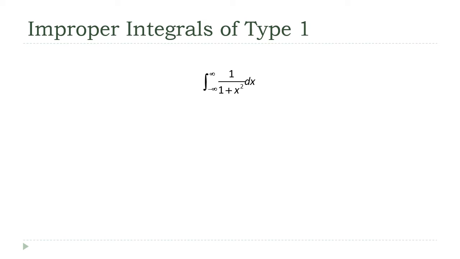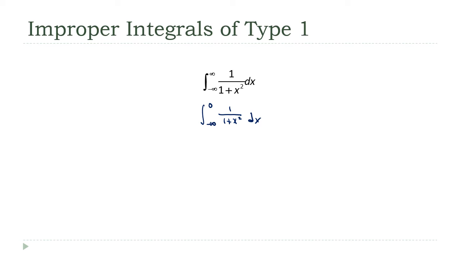The antiderivative of 1 over 1 plus x squared is the arctangent, or the inverse tangent. So I'm going to split this into negative infinity to 0, because I know what the arctangent of 0 is. It's 0. I'm picking a number that's going to make my life easy down the road, of 1 over 1 plus x squared dx.